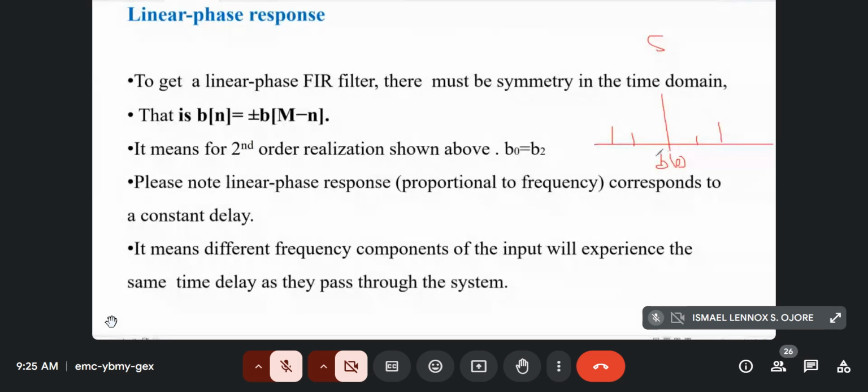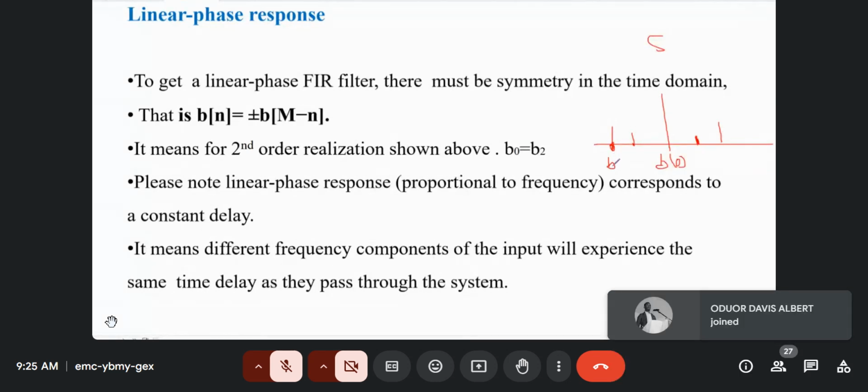So what we are saying is B1 is the same as, we are considering, trying to see whether it is the same as B5, B4. We are counting from here, sorry. So this is B0. Yeah, this is what we are counting from.